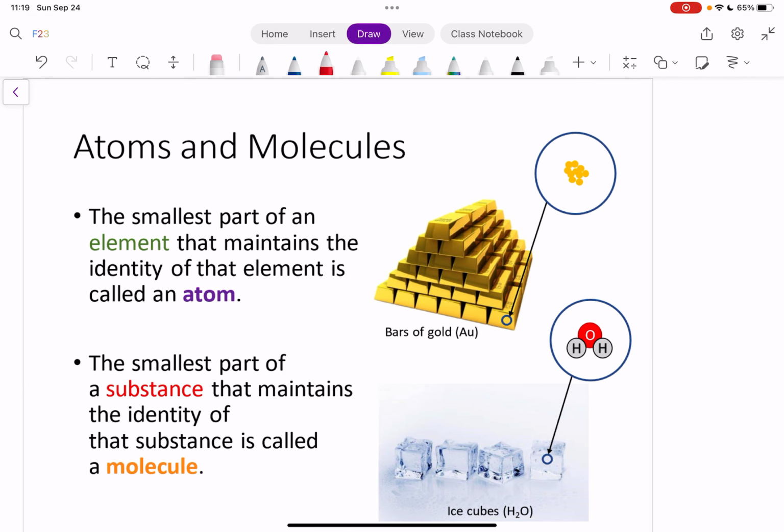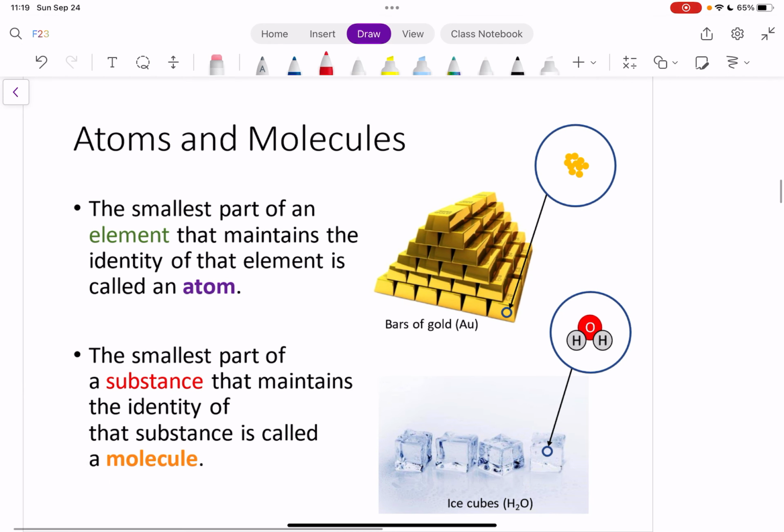All right, so then there are these things called atoms and molecules. The smallest part of an element, if we looked at an element and zoomed in really far, you'll eventually get to atoms of that element. Over here, we've got some bars of gold, and the symbol for gold is Au.